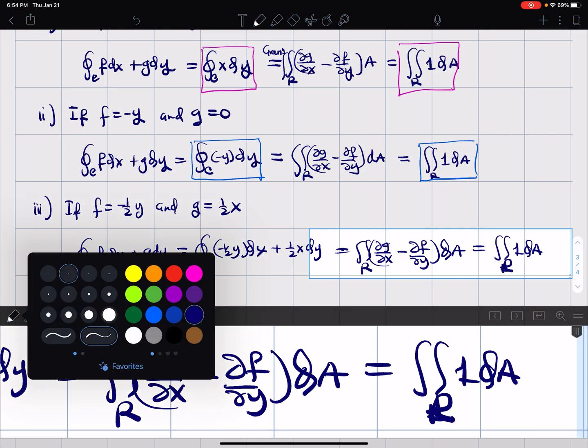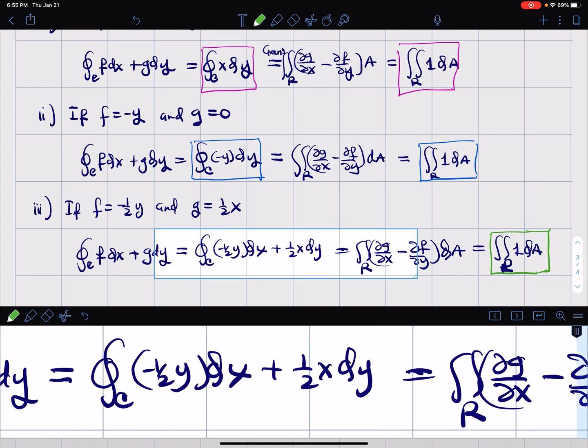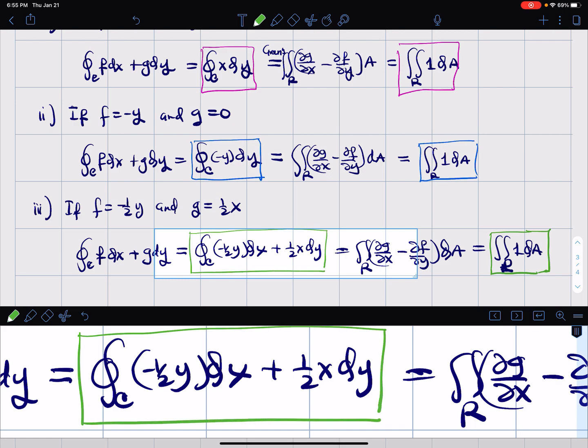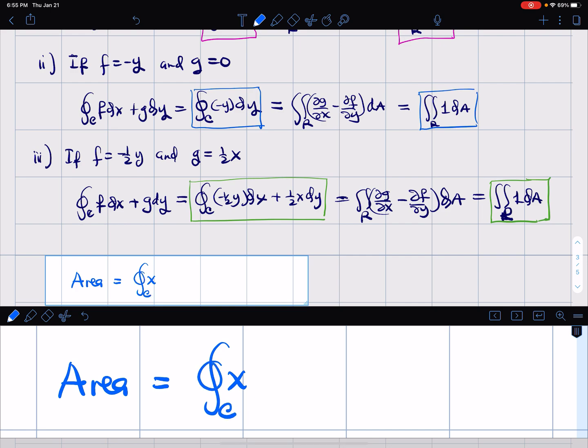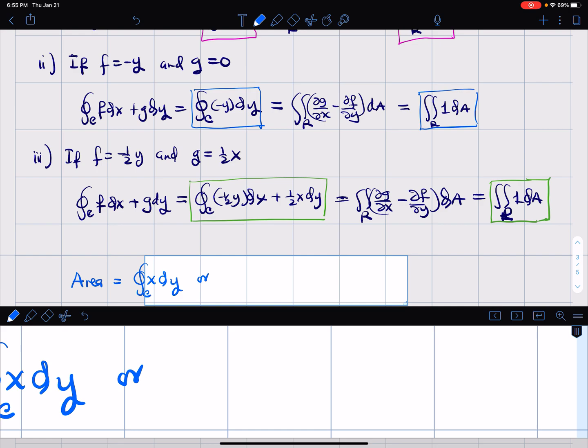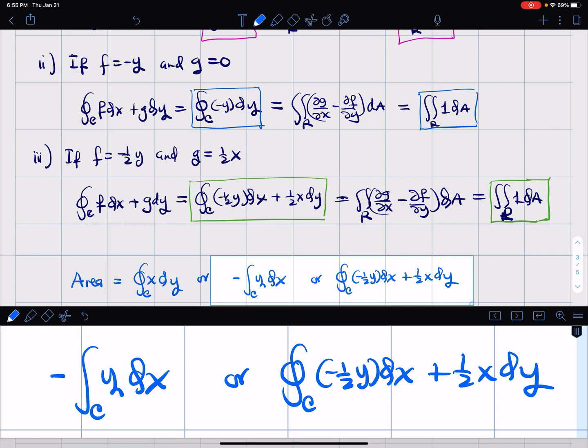So we have looked at the area of the region R from different perspectives, and we've gotten 3 different line integral expressions for the area. Okay? So if you want to find the area of R, you can say the area of R is equal to the integral of x dy, or you can use negative the integral of y dx, or you can use the integral of negative 1/2 y dx plus 1/2 x dy, whichever you want.